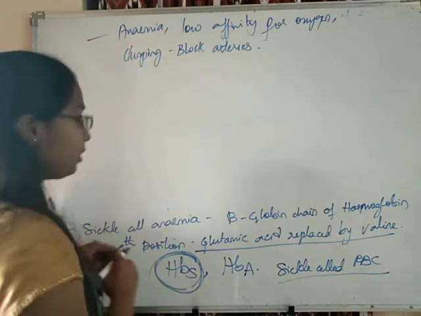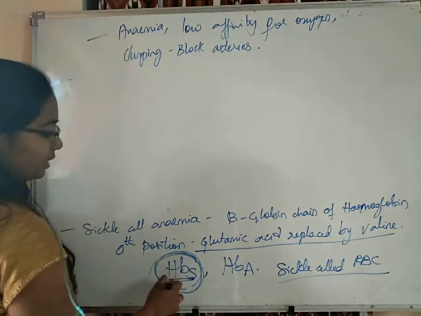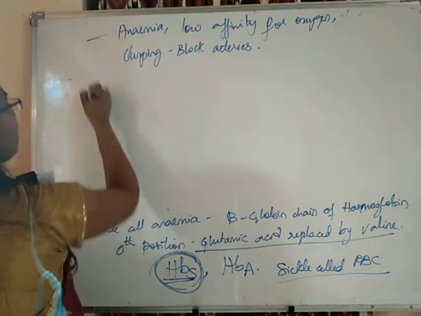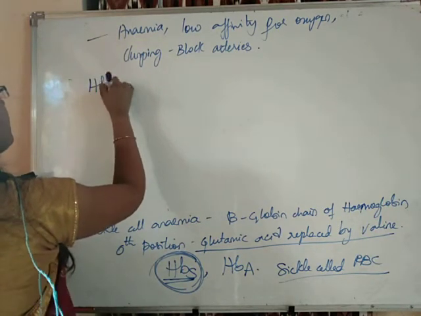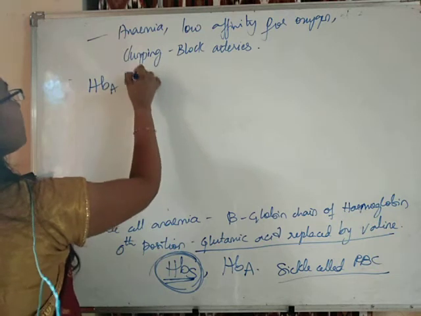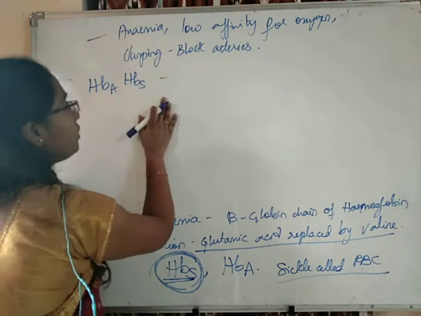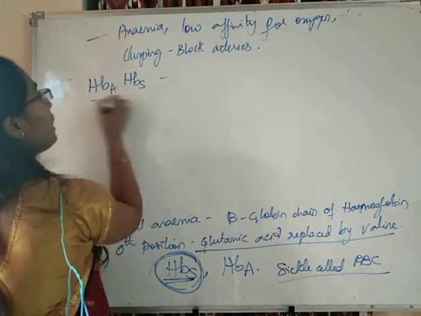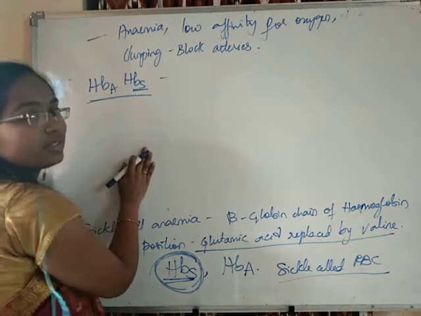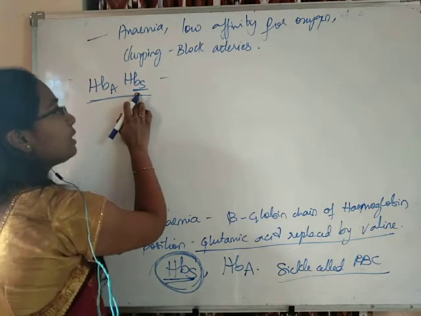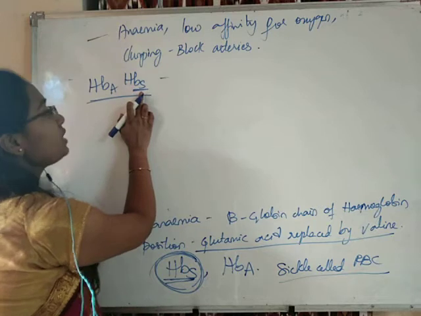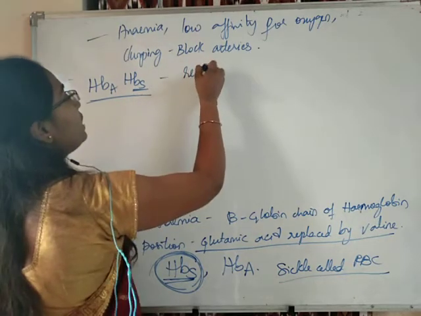And one more thing is, if HbS is present in a heterozygous condition, if the individual is HbA and HbS, then the person who is heterozygous for this allele is resistant to malaria.